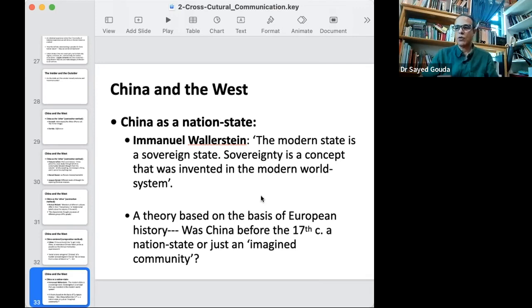So because this modern state as a concept was invented in the West, does it mean that China before the 17th century was also a nation state? Did it have a nation state? Or, as some Western scholars posed this question, was it just an imagined community? China before the 17th century was an imagined community. It became a nation state only in the 20th century, according to the understanding of some Western scholars.